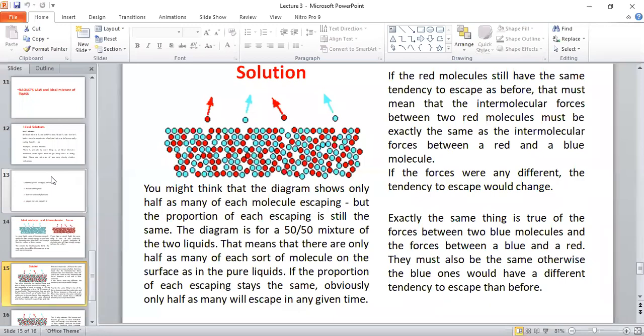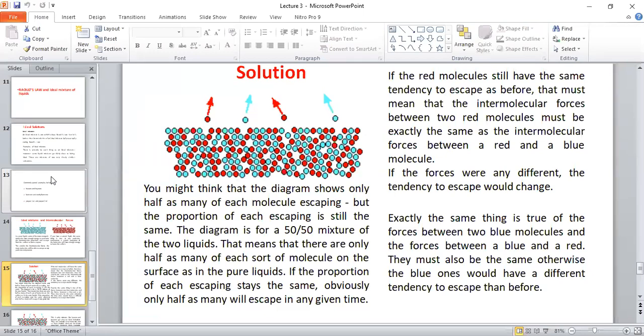Exactly the same thing is true of the forces between the 2 blue molecules and the forces between the blue and red molecule. They must all be the same. Otherwise, the blue ones will have a different tendency to escape than the red ones. From what I've shown you here, the blue and the red each have the same tendency to escape.